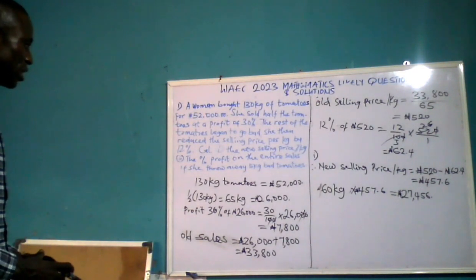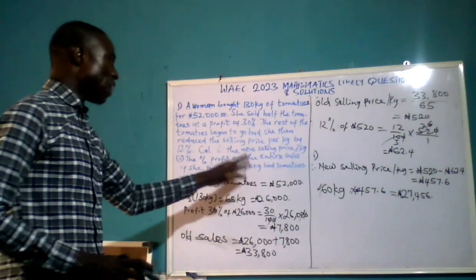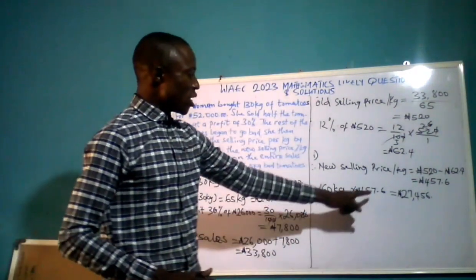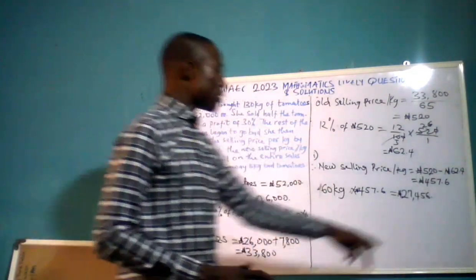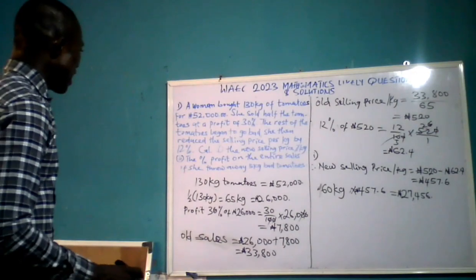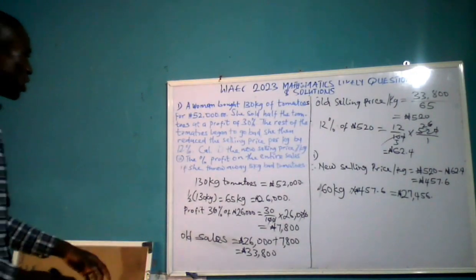The whole thing, the leftover, that is the 60 kilograms that was left after she threw away 5 kg, was sold for 27,456 naira.